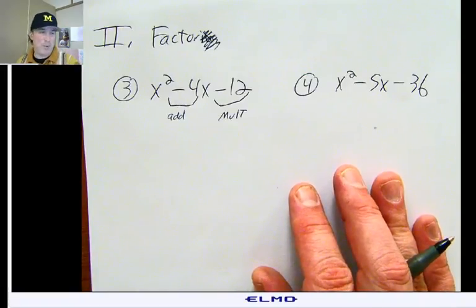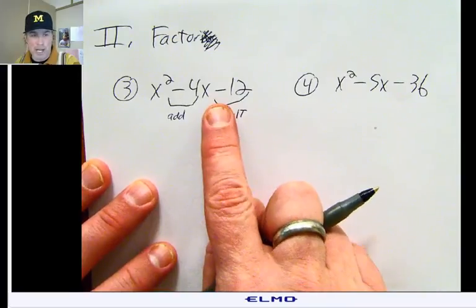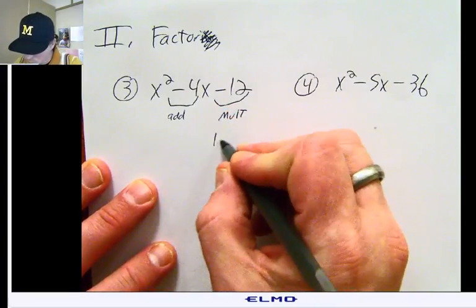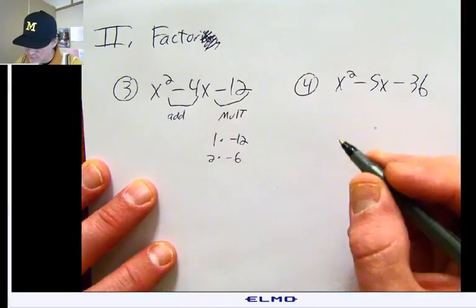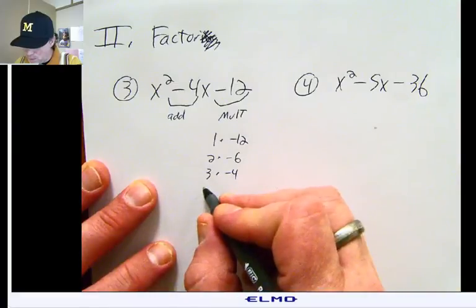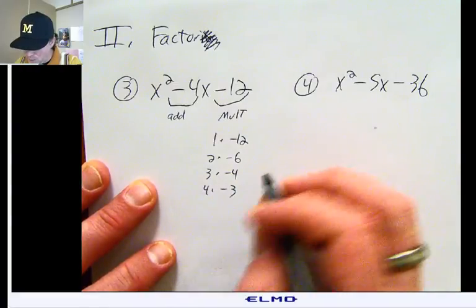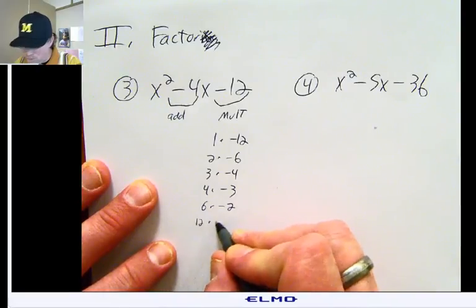The easiest way to do this, in my opinion, is thinking about the ways to multiply to negative 12. It could be 1 times negative 12, 2 times negative 6, 3 times negative 4, 4 times negative 3, 6 times negative 2, or 12 times negative 1.